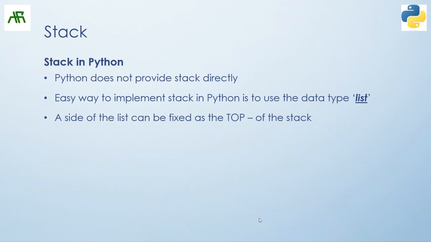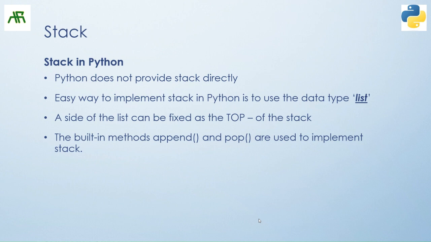One side of a list can be fixed as the top of the stack, either the beginning position, index 0 of the list, or the last element of the list. One end can be set as the top of the stack. And the built-in methods append and pop are used to implement the stack. Append adds elements.